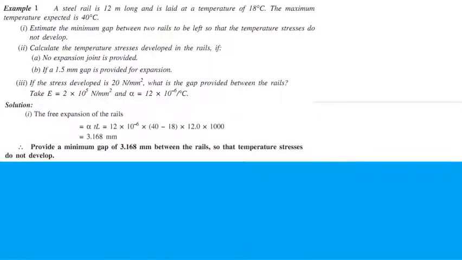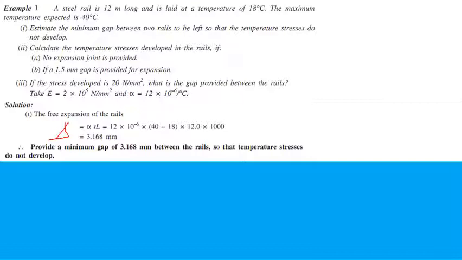For the first one, we use the free expansion condition, that is delta is equal to alpha TL. Alpha value is given, that is 12 into 10 power minus 6 per degree Celsius, into small t, which is the difference between the initial temperature and the maximum temperature, 40 minus 18 degrees, into the length of the steel rail, 12 meters.